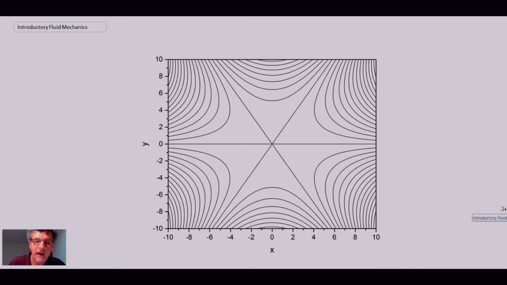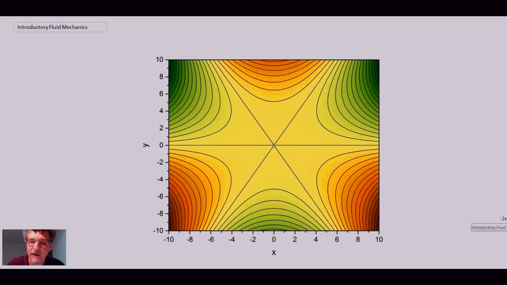So here we have the function, which we said was f. So we have that function plotted here, and then we have contour lines. These contour lines represent streamlines for that function.